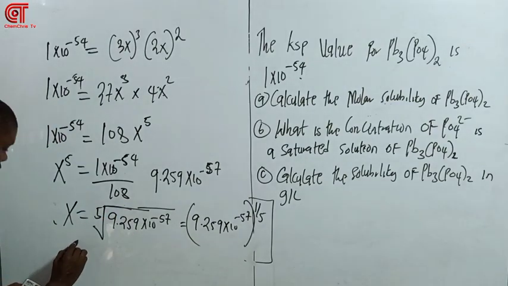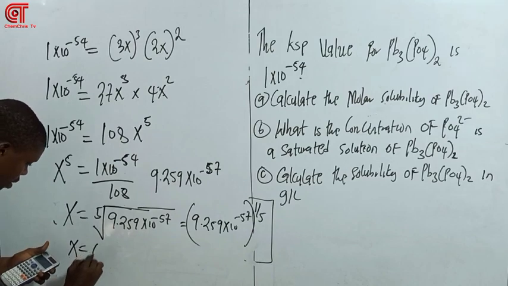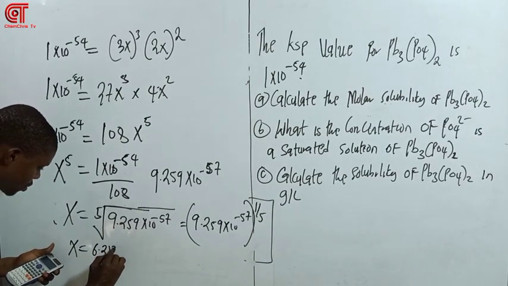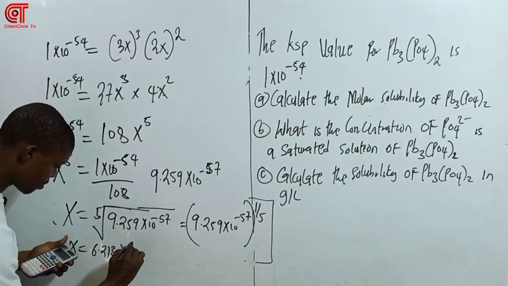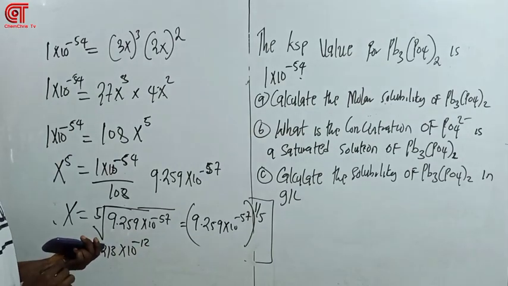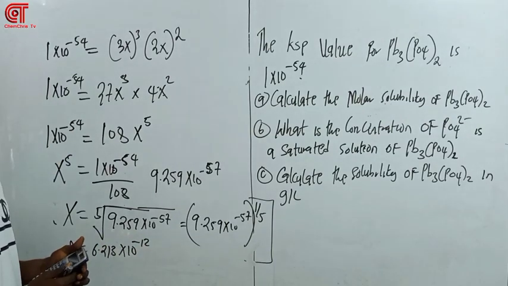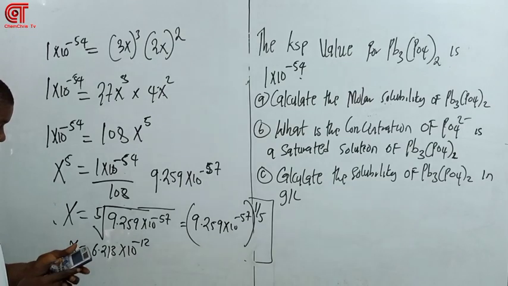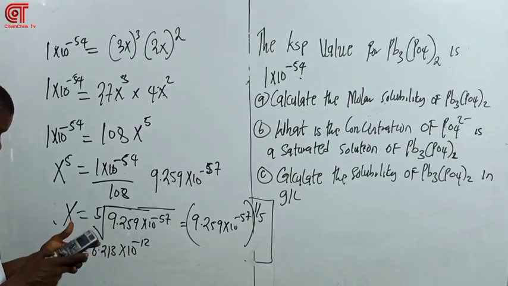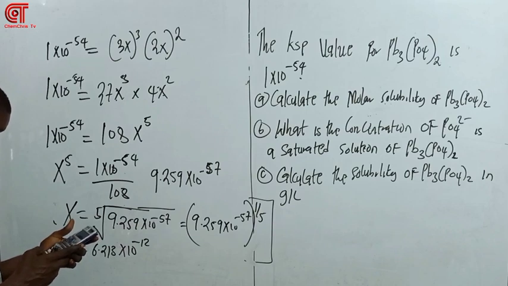So we have x equals 6.213 exponential minus 12. Is that what you got? I'm getting 1.85 times 10 to the minus 57. I don't know, maybe it's because my own is not the same as that one.